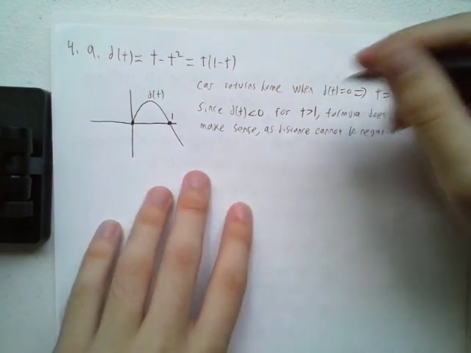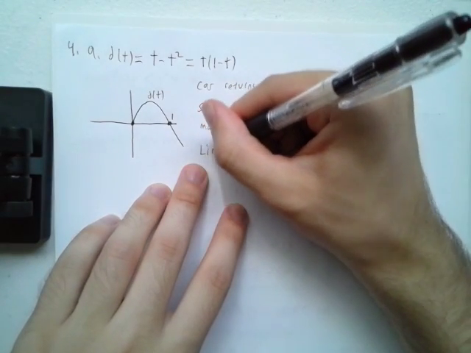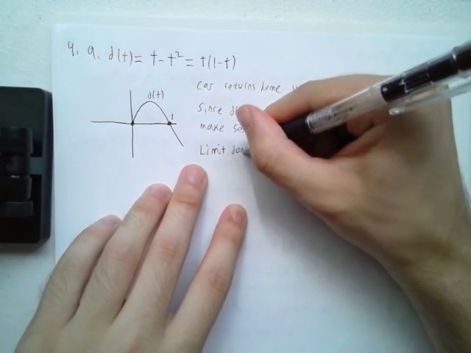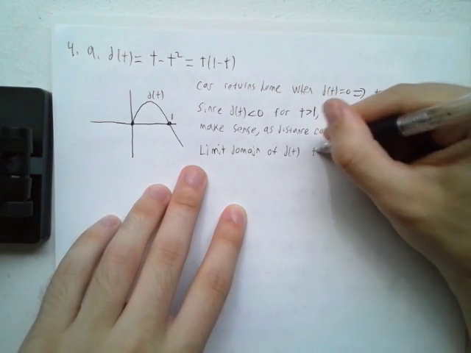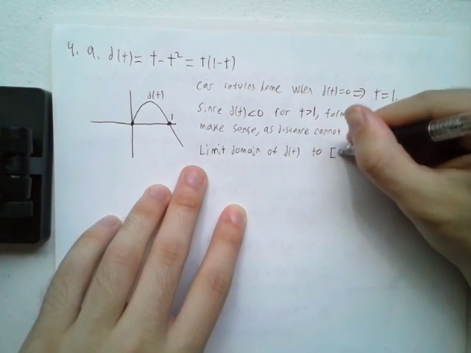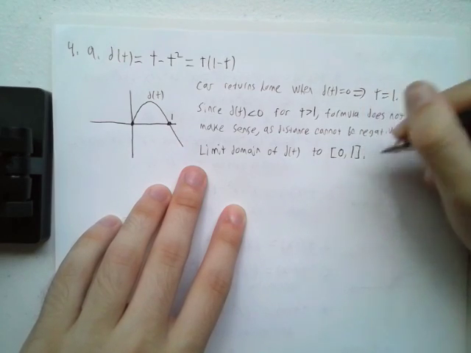And so therefore we limit the domain of d of t to the interval 0 up to 1.